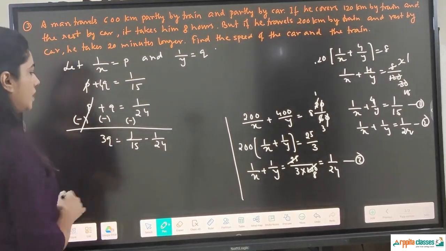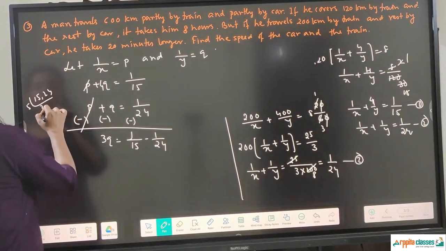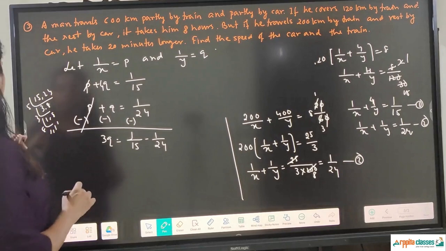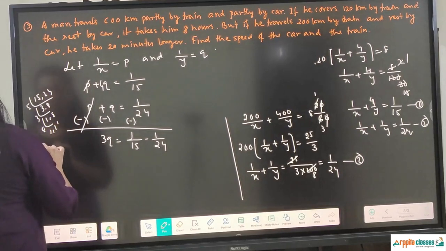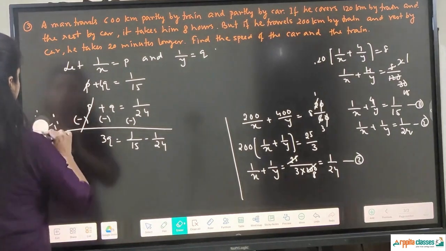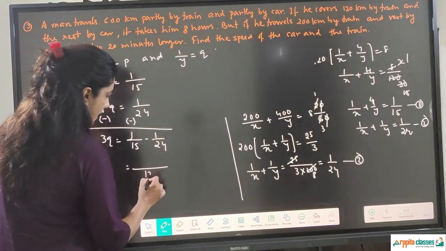Now let us find out the LCM of 15 and 24. It goes by 5, 3, 8, 3, 1, 8, 8, 1, 1. So it is 15 into 8, 120. So LCM of these two is 120. So I'll take 120 as the LCM.